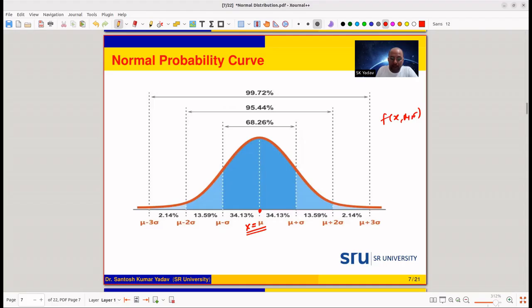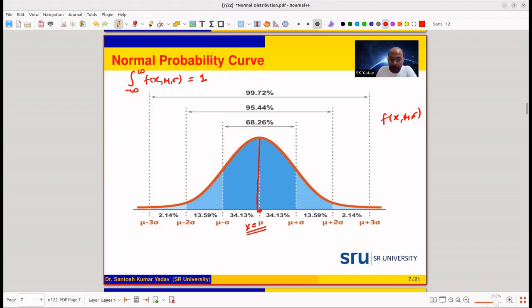You can see x equal to mu is the mean of this curve, the left side area is the same as the right side area, and the total area under the curve is 1. This is because f of x is a PDF, so the integral from minus infinity to infinity of f of x, mu, sigma is equal to 1. Maximum area lies within 3 sigma.